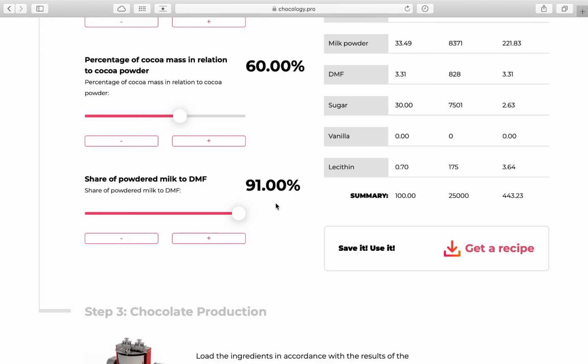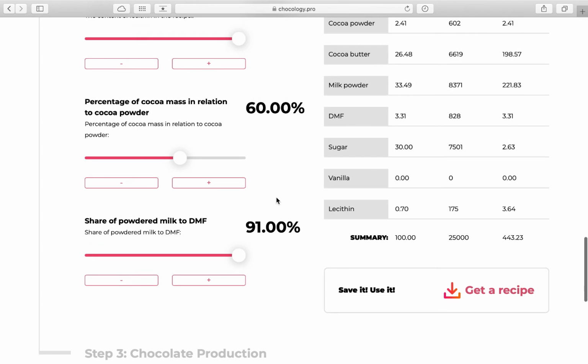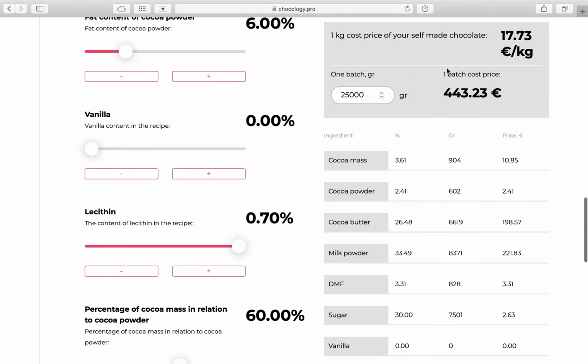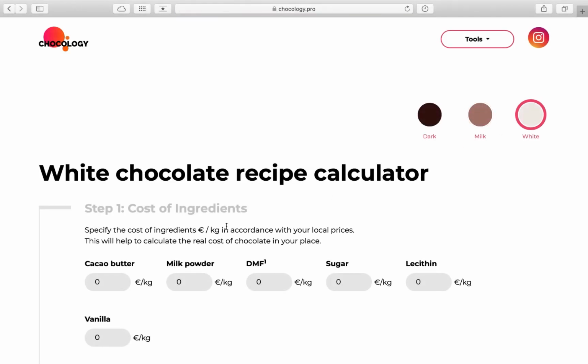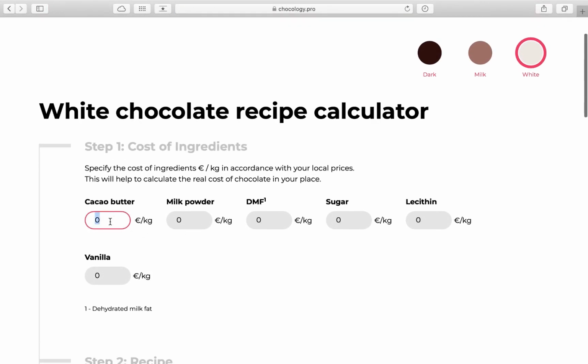As a result, with these parameters, you will get a very tasty, good milk chocolate with a very attractive price. It will cost 17.7 euros per kilogram, and the cost of 25 kilograms will be 443.3. We also indicate the cost of the ingredients.